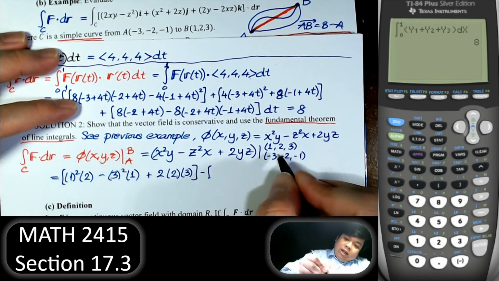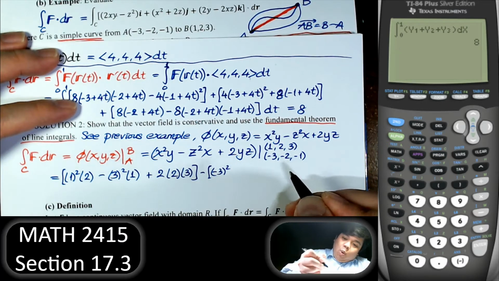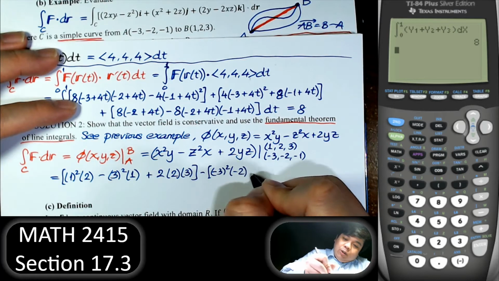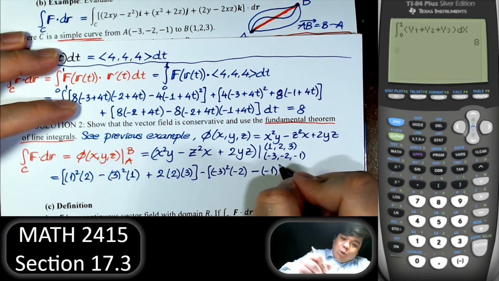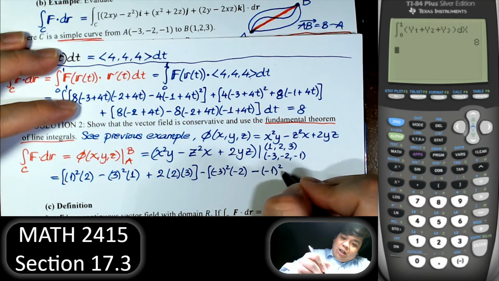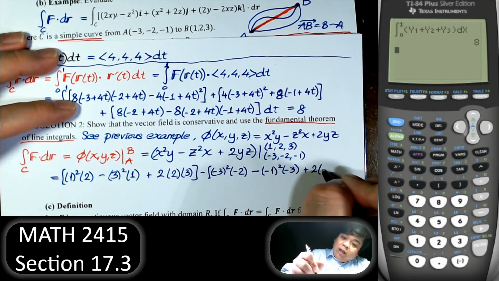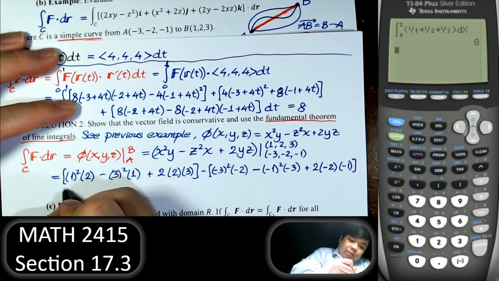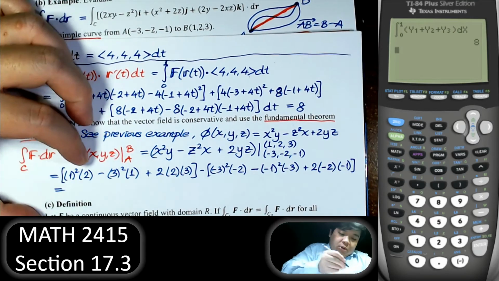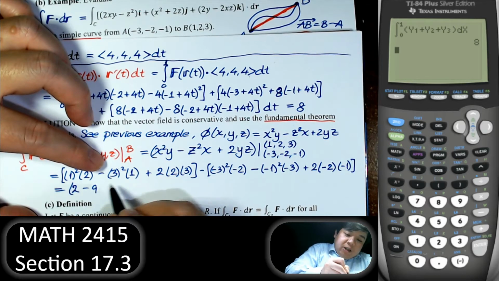Then we subtract. Now we're going to put -3 squared for x, y is -2, z is -1 squared, x is -3, plus 2yz. So that is 2 minus 9 plus 12.